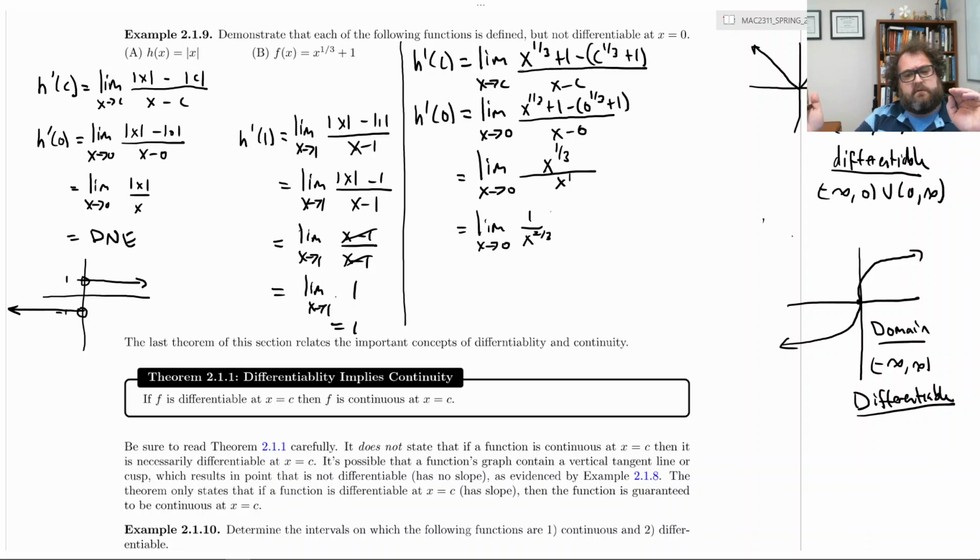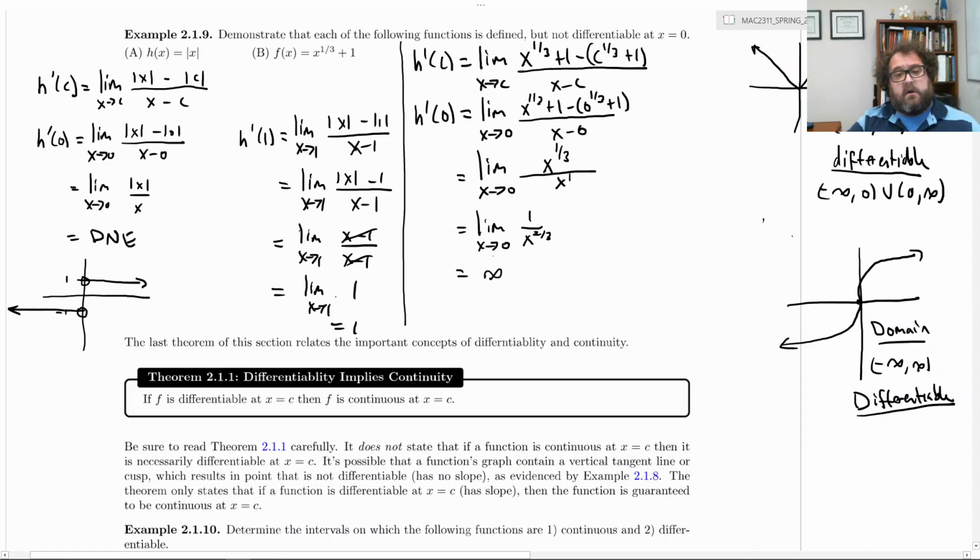If you consider from the right or the left, we square and then take the cube root. So when you square those values, it's going to turn the output positive, regardless if the input's negative or positive, because we're squaring. So I think this is going to be equal to infinity.